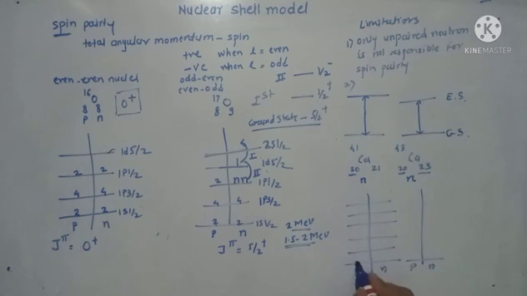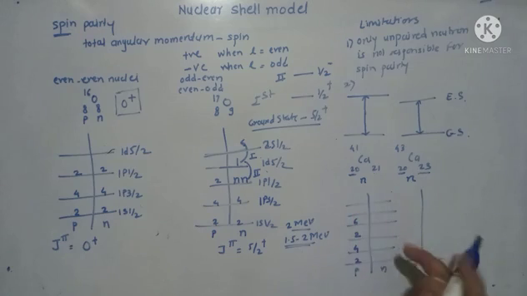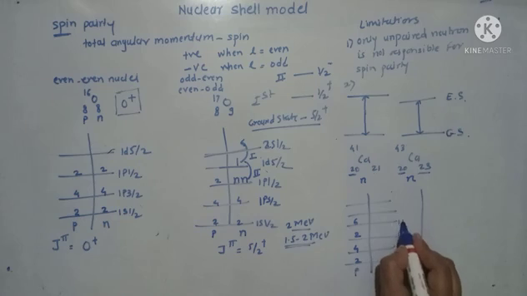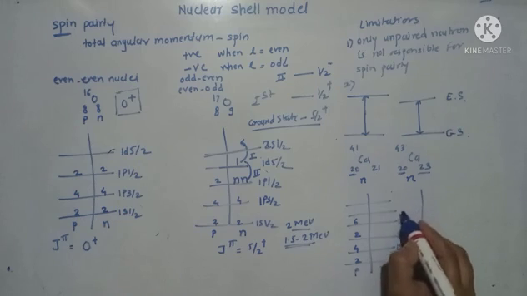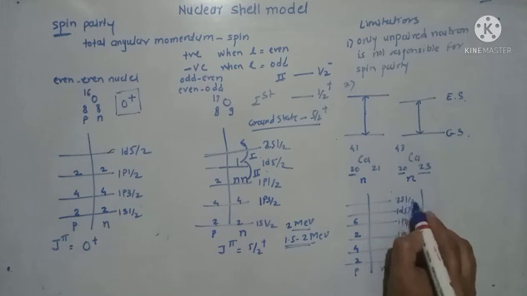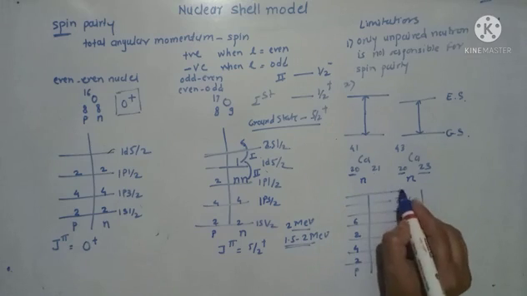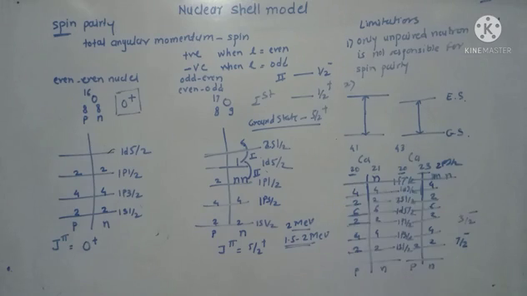So for this, 2, 4, 2, then 6. Sorry. So here it will be 1s 1/2, 1p 3/2, 1p 1/2, 1d 5/2, 2s 1/2, 1d 3/2.